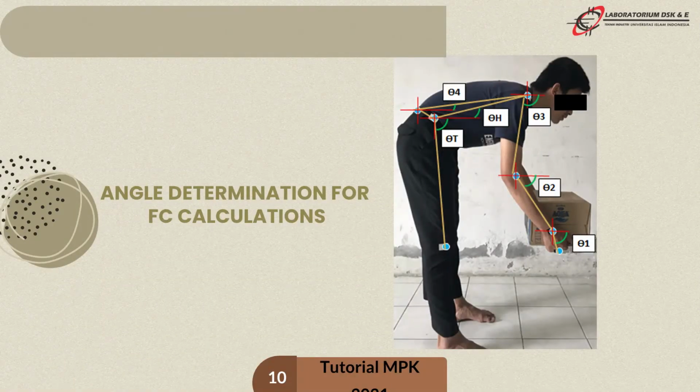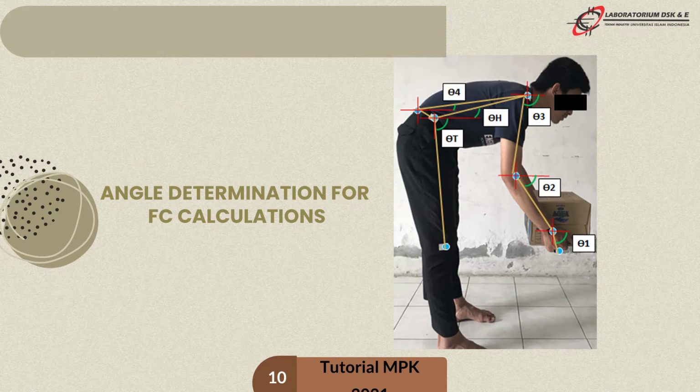And the next is angle determination. There are several steps of drawing the angle. First, determine the points in the body segments. There are 7 body points used as follows. Middle finger, on the protrusion when the hand is raised; elbow, in the crease of the elbow; back, on the protrusion when the body is bending over at L5S1; for waist, the place to put a belt; and the last is knee, the kneecap.